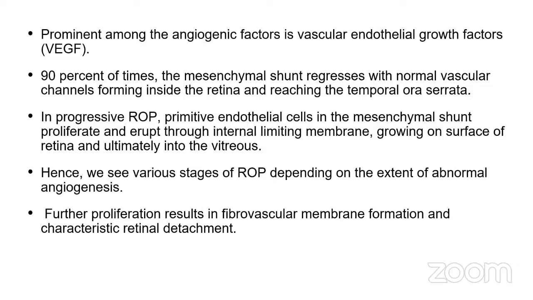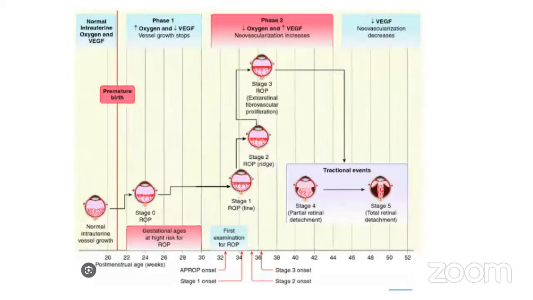In progressive ROP, the primitive endothelial cells in the mesenchymal shunt proliferate and erupt through the internal limiting membrane, growing on the surface of the retina and ultimately into the vitreous. Further proliferation results in fibrovascular membrane formation and at later stages may also lead to retinal detachment.